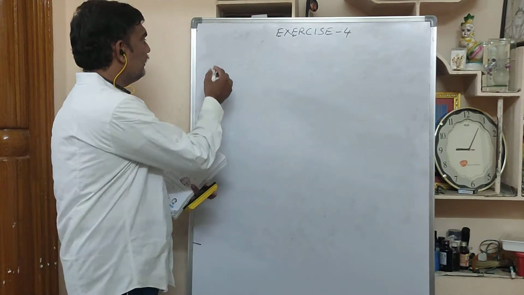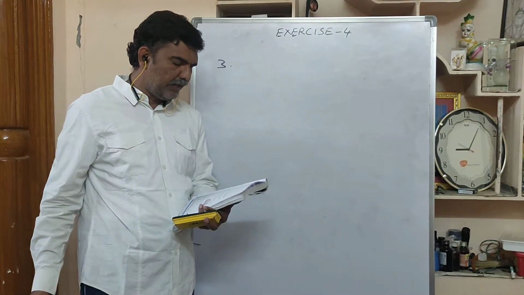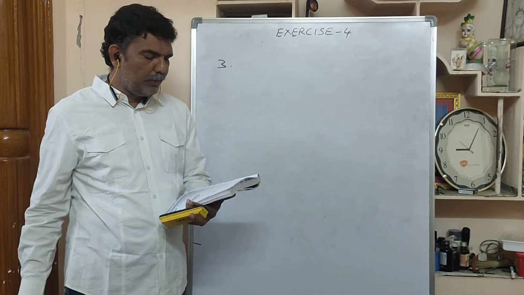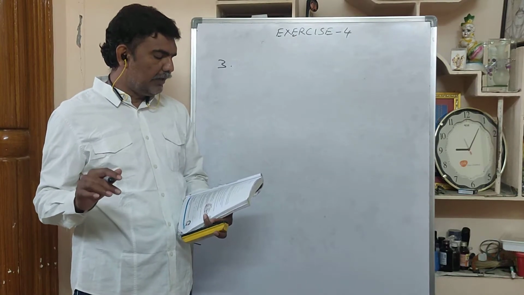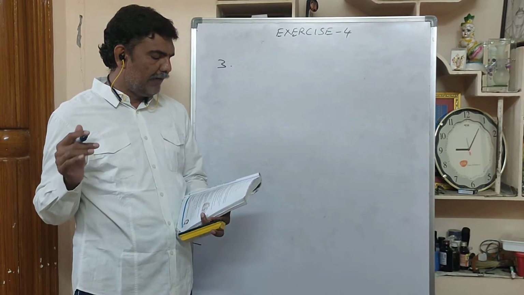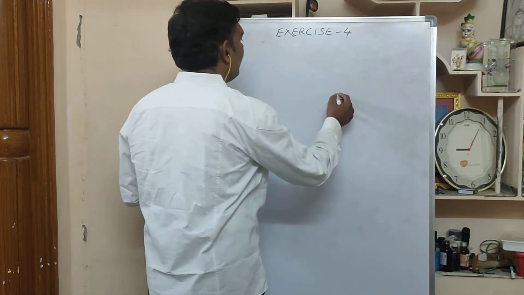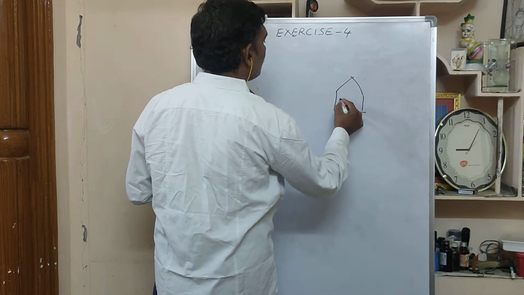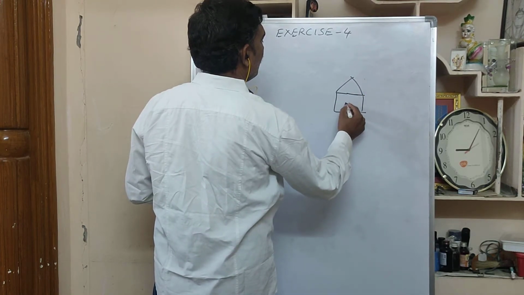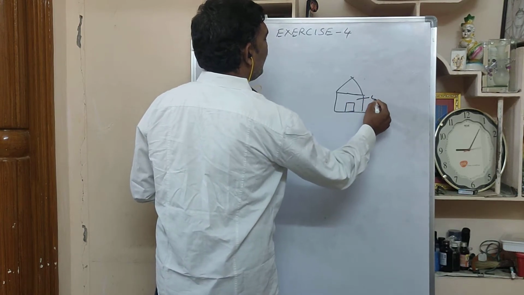In the third question, what is given? A certain freezing process requires that the room temperature be lowered from 40 degrees centigrade at the rate of 5 degrees centigrade every hour. Normally in one house you have 40 degrees centigrade.